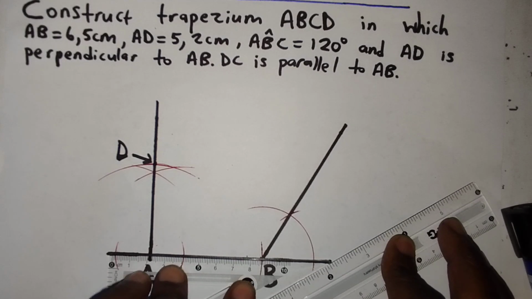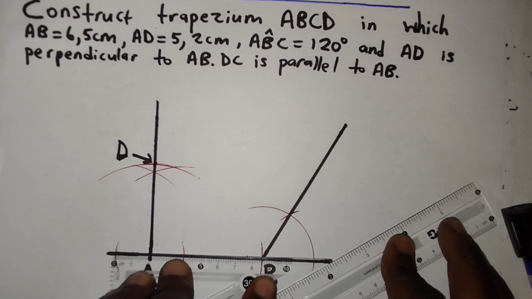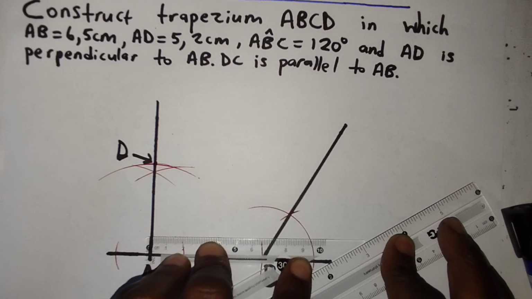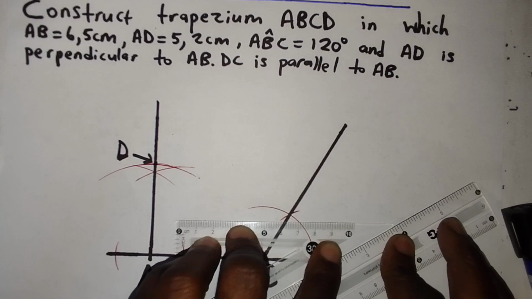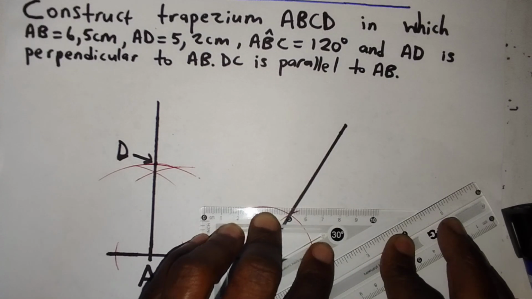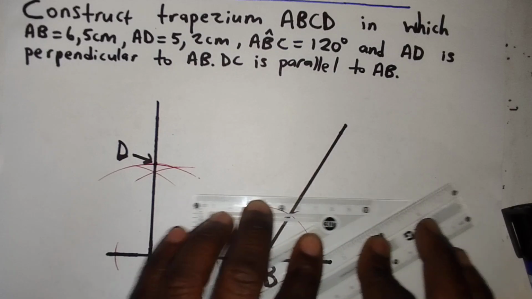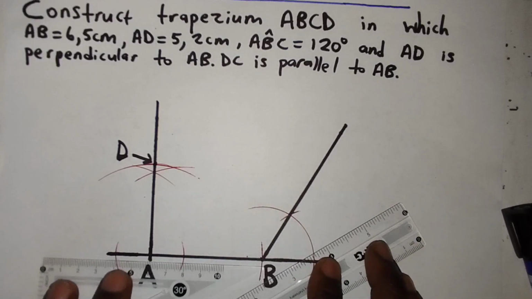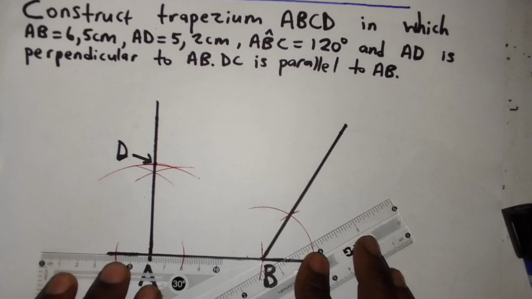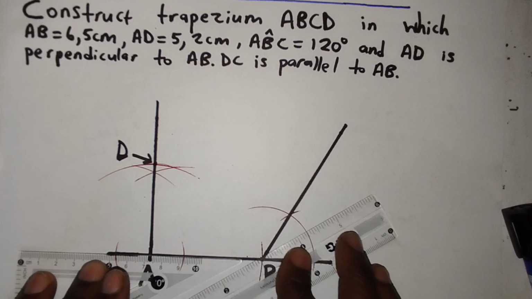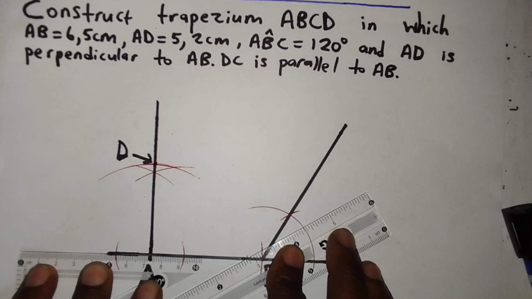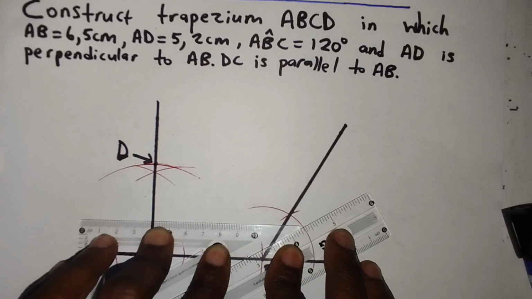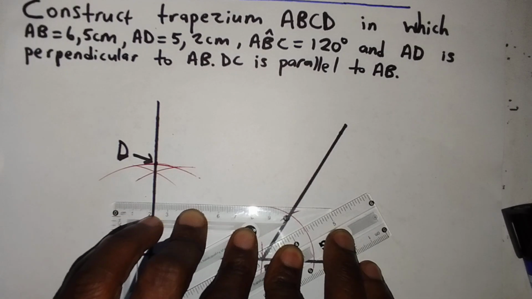Let me just fix it so that we can come up with a parallel line. Let me start here, so that I can get to point D. I'll slide my set square so that I can construct a parallel line.